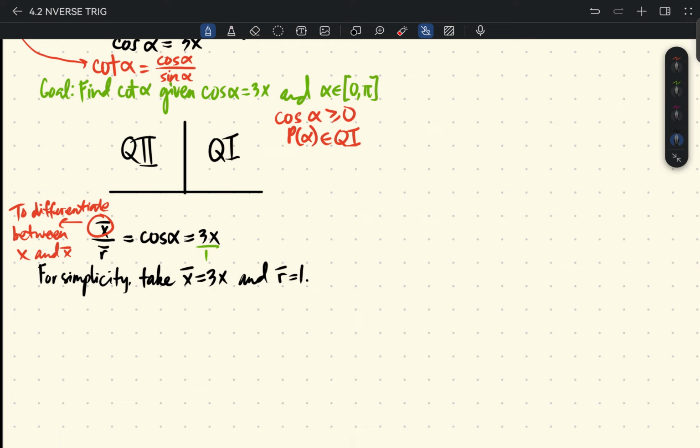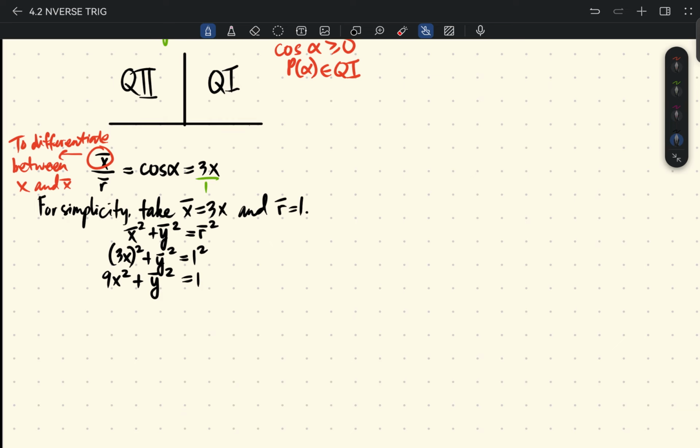So let's find our y bar. Take note that x bar squared plus y bar squared equals r bar squared. Plugging the values for x bar and r bar, we have 3x quantity squared plus y bar squared equals 1 squared. Then further simplifying, we have 9x squared plus y bar squared equals 1.